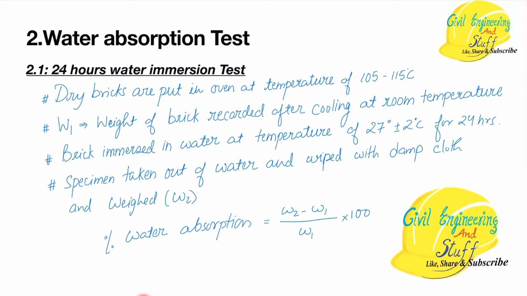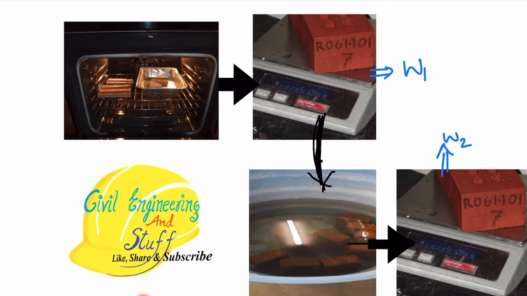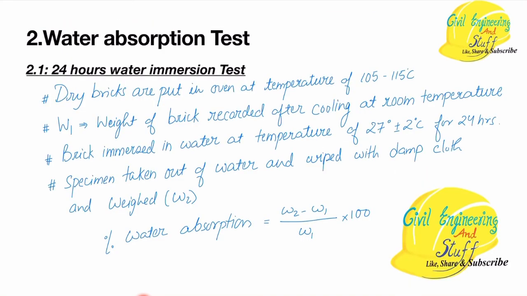This test is called the 24-hour water immersion test. So it takes one full day for the completion. We also have a 5-hour boiling water test. In this test, the procedure remains the same. We first of all oven dry the brick samples at a temperature of 105 to 115 degrees Celsius, right?